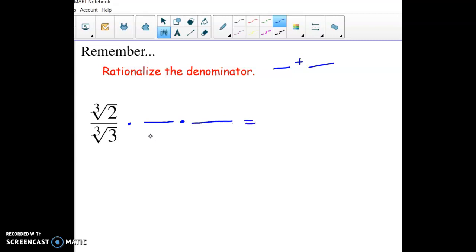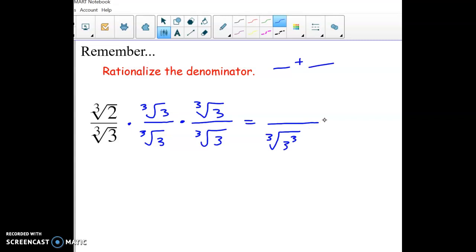All right, so hopefully you can remember, because it's a cube root, I will need to do 2 more cube roots of 3. All right, and I'm going to do that to the top and bottom. The point being, again, this denominator will now become a cube root of 3 times 3 times 3, which is 3 cubed. And then that will just become 3.